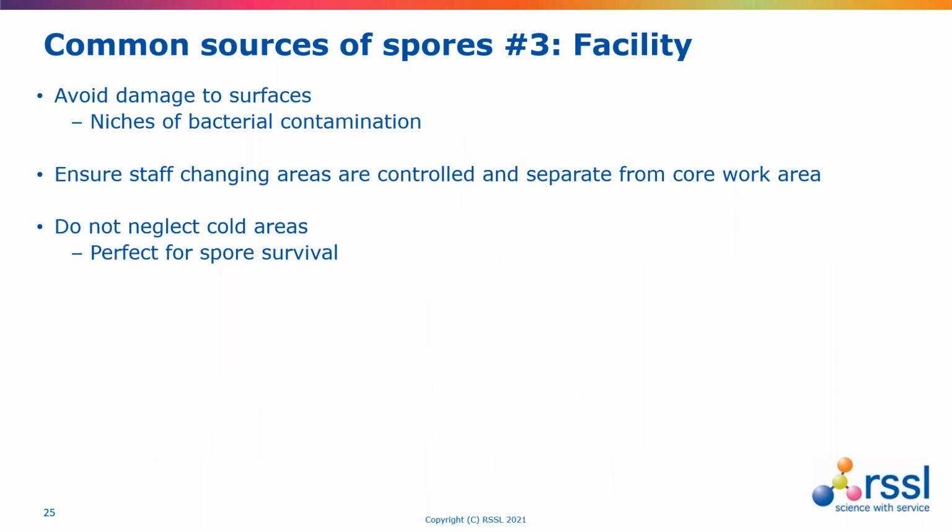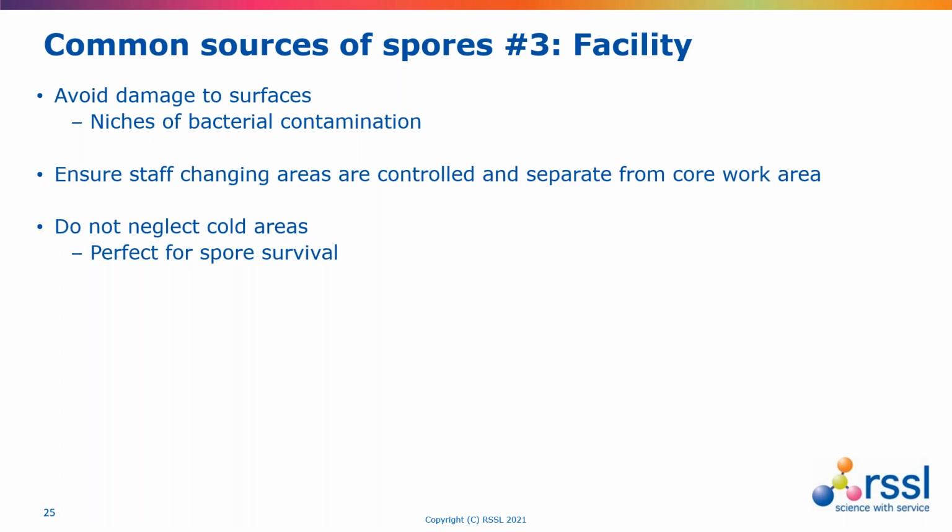Spores will also reside in areas where there are cracks, so damage to vinyl, damage to walls, any exposed plasterboard, anything like that needs to be addressed relatively quickly. A further risk area is changing rooms, especially those where outdoor clothing is changed.